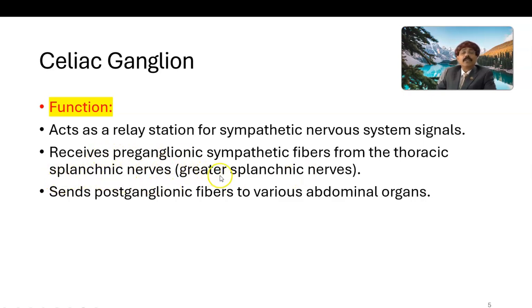It is coming from the lateral gray horn of the spinal cord at T5 to T9, and sends postganglionic fibers to various abdominal organs, like the stomach, duodenum, liver, pancreas, and spleen.